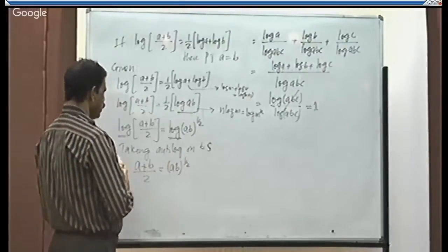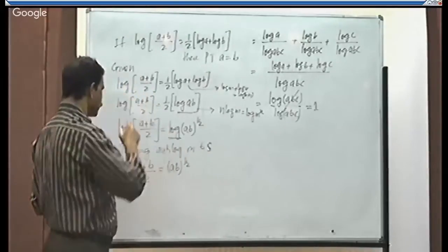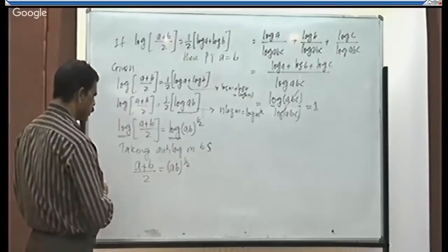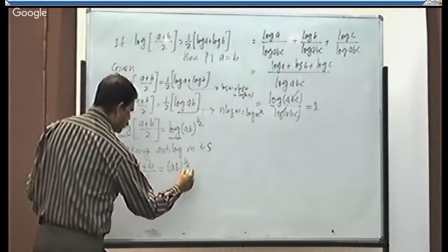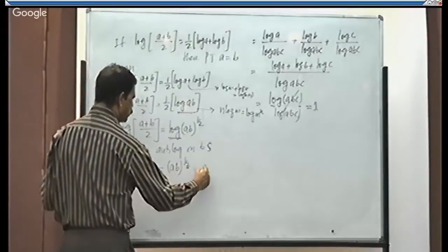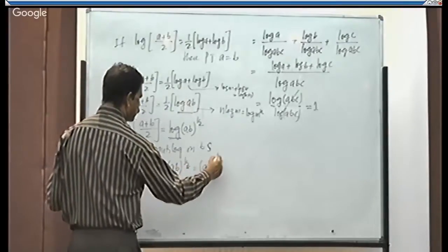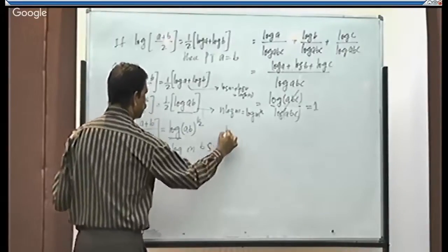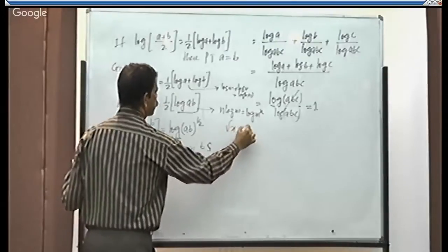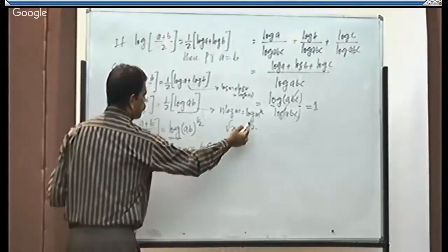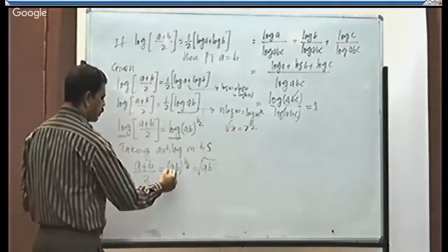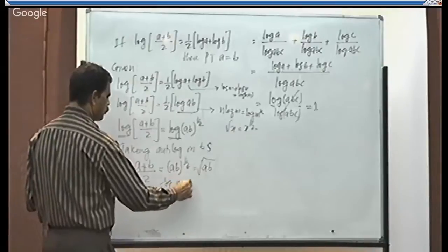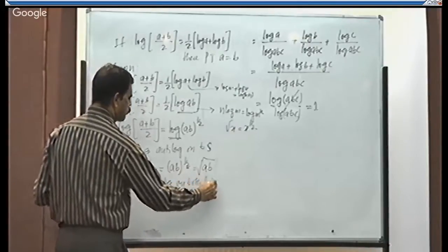We should prove that A is equal to B. Somehow we have to use the formula of A plus B whole square or A minus B whole square. Here we can write AB to the power of 1 by 2 in root form, since root x is x to the power of 1 by 2. Now square on both sides.